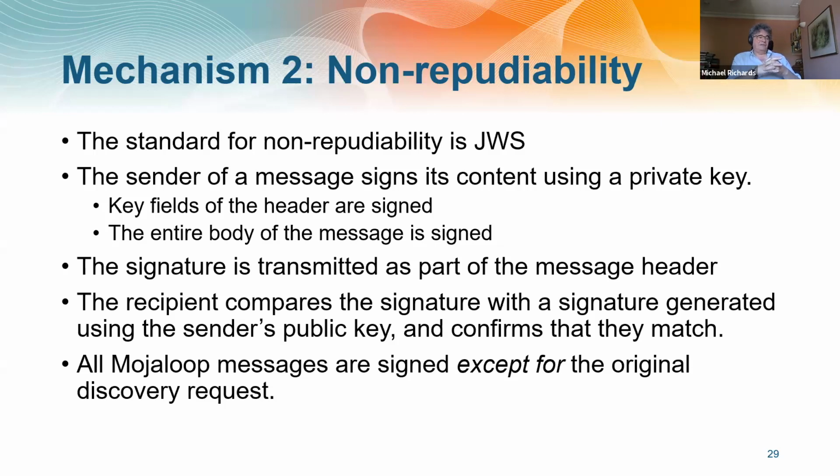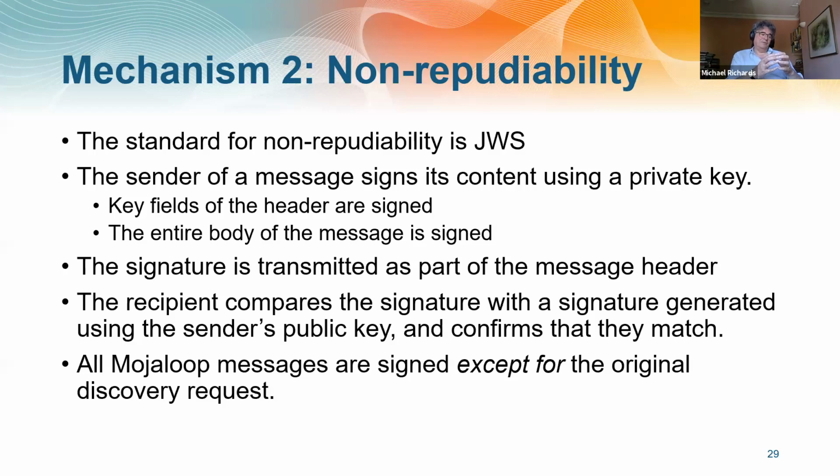And that signature is sent as part of the message header. When I get the message, I compare that signature with a signature generated using the public key for Bank A, and I confirm that they match each other. That means that I can be sure that the person who sent me this message really was Bank A, and that nothing has been done to the content of that message since Bank A signed it. So I can be confident that it really is coming from the person I think it's coming from.